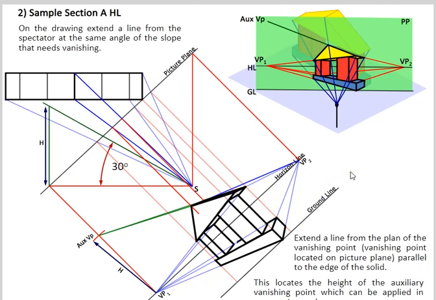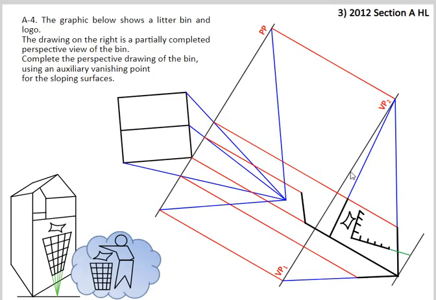Again, another short question. Now this here is a higher level short question from 2012. Basically the whole drawing is shown here in its perspective view, so it actually shows you what the answer should look like. So a lot of it is set up, our vanishing points are set up, and there's a small bit of perspective drawn here.